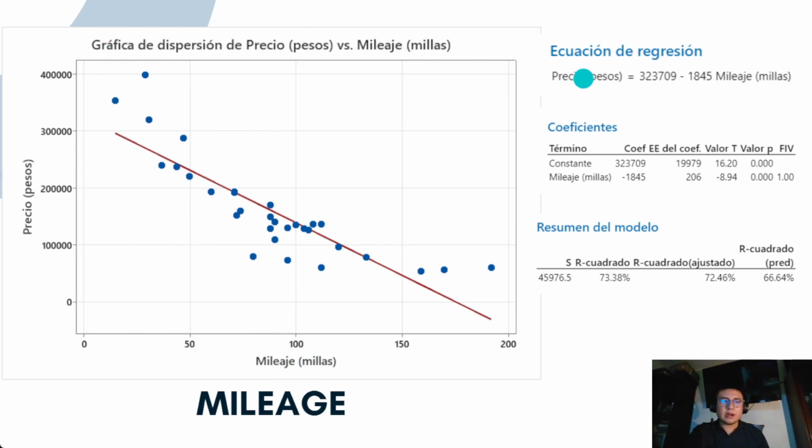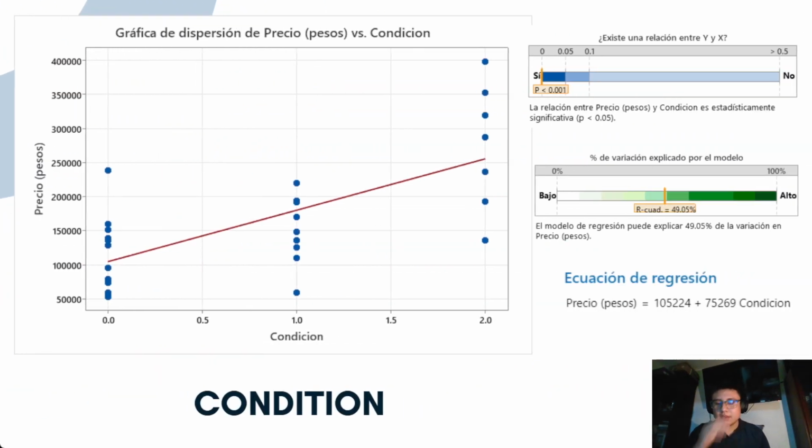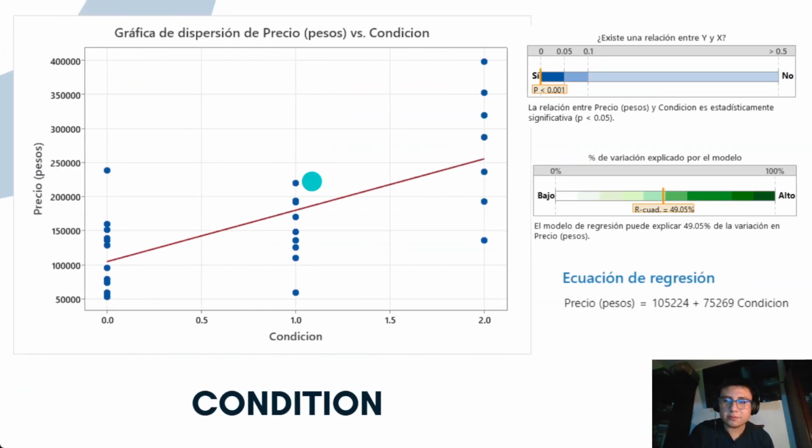So here are all the equations of linear regression, but we may consider the multiple variables equations for the model. Finally, we have the qualitative variables. Here we have the condition. 0 represents poor condition, 1 average, and 2 excellent condition.